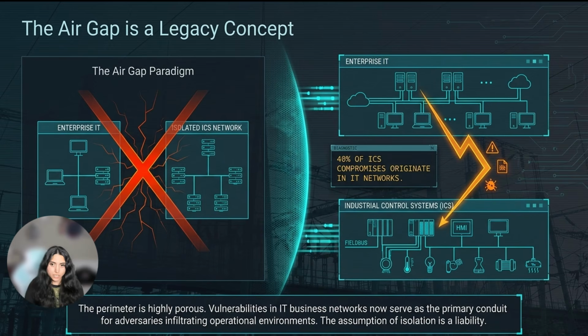However, nowadays, with OT devices getting integrated into IT systems and also cloud, the air gap is a legacy concept. The air gap does not exist anymore. And vulnerabilities in IT business networks now can pivot into the OT, or operational technology, side.